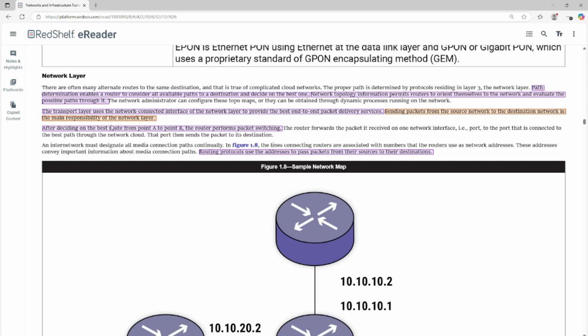Keep that in mind: the main responsibility of the network layer, and how the transport layer uses the network layer. Routing protocols use the addresses to pass packets from their sources to their destination.